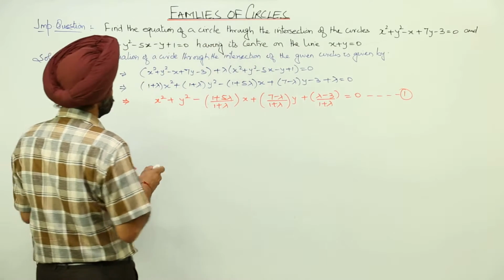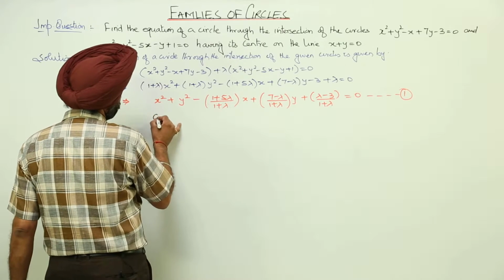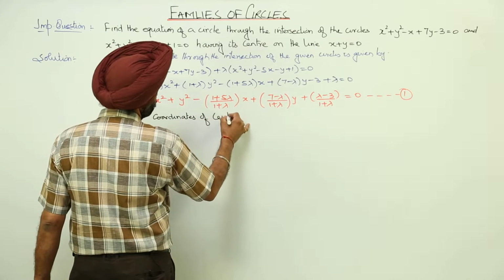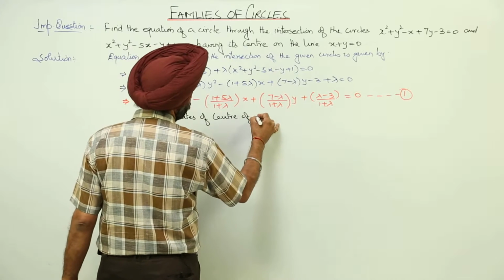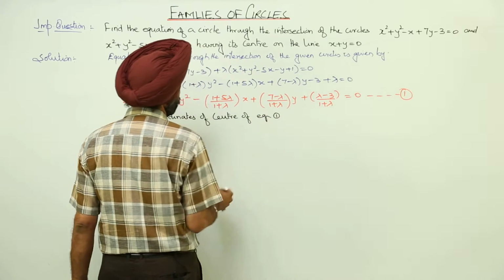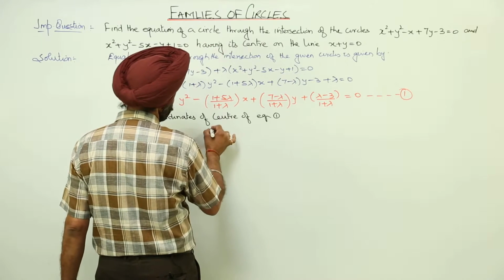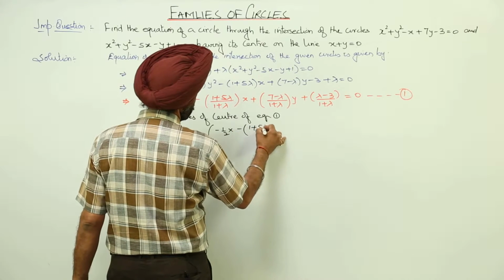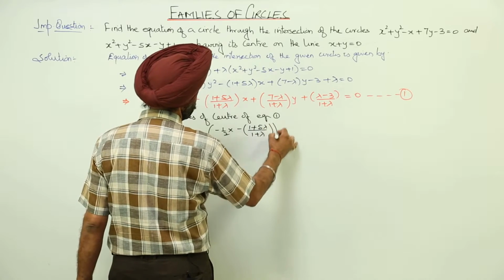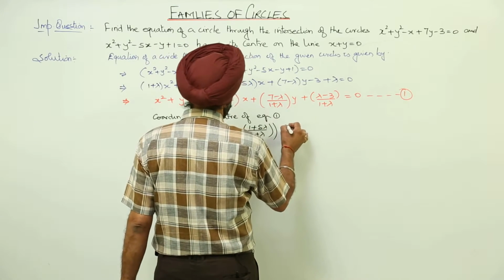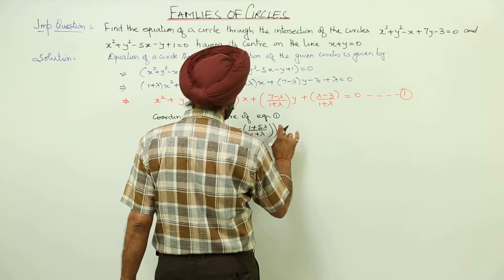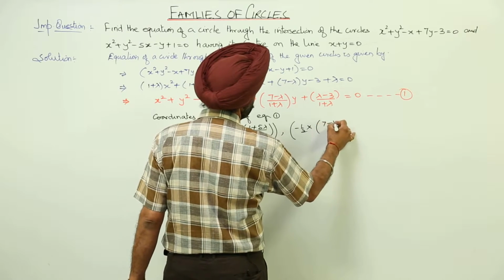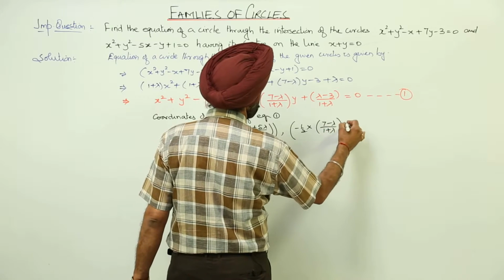Now, coordinates of center of equation 1 are negative 1 by 2 times negative of (1 plus 5 lambda) upon (1 plus lambda) and negative of 1 by 2 times (7 minus lambda) upon (1 plus lambda).